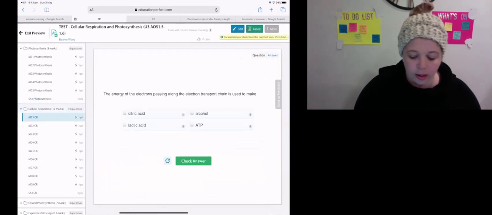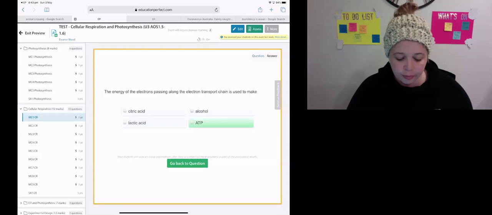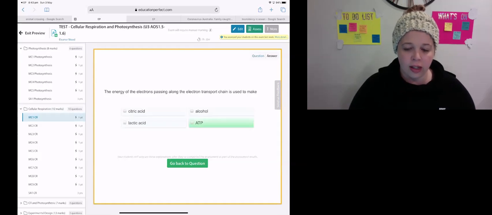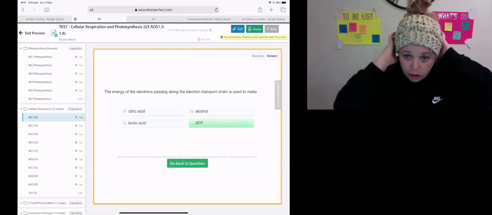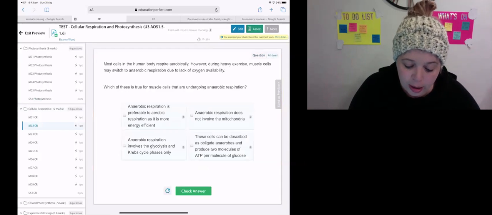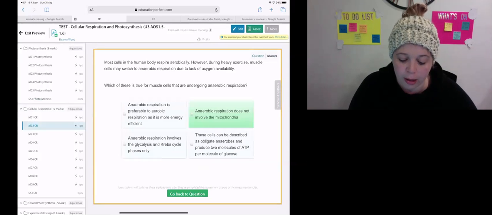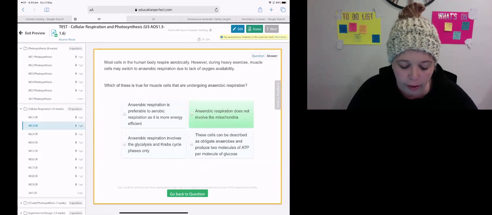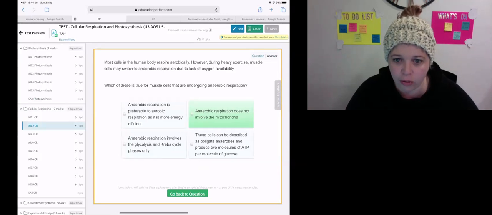All right, really quickly going through cellular respiration. The energy of the electrons in the electron transport chain is going to make ATP. Now, most cells in the body respire aerobically. However, sometimes we switch to anaerobic. Anaerobic does not involve the mitochondria. It's not preferable because it's not more energy efficient. It doesn't involve the Krebs cycle.